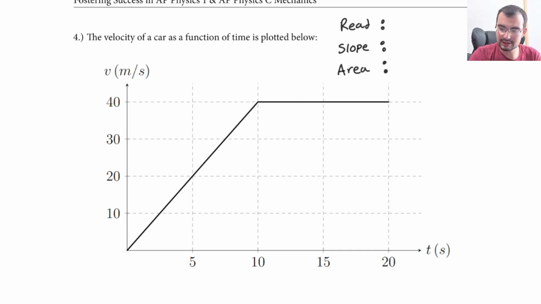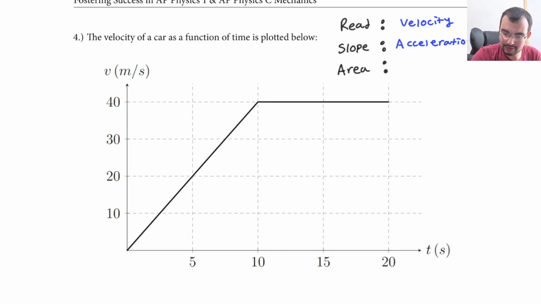So we have a velocity graph. So if I read a velocity graph, it is, of course, velocity. We have the slope of a velocity graph. So what is the rate of change of velocity? Well, that is acceleration. And then we have the area under the graph. So the area would be, what is velocity the rate of?